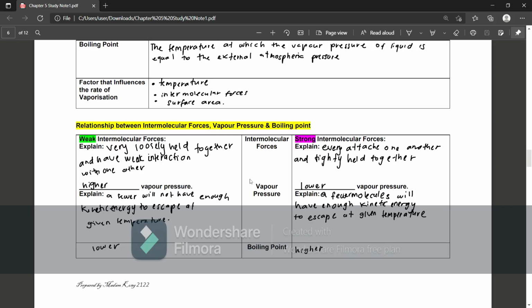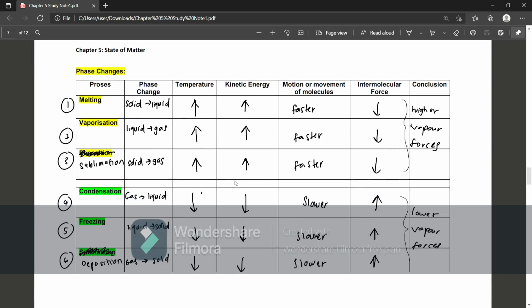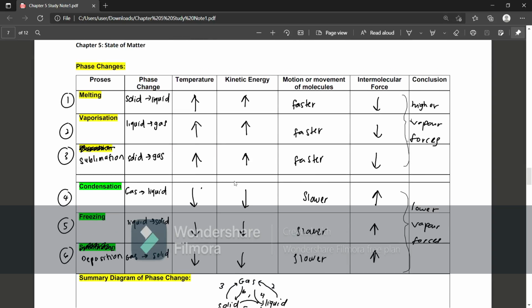And then phase change. For the process of melting, the phase change is solid to liquid: temperature increases, kinetic energy increases, and motion or movement of molecules is faster. So intermolecular forces decrease, and the conclusion is vapor pressure is higher.